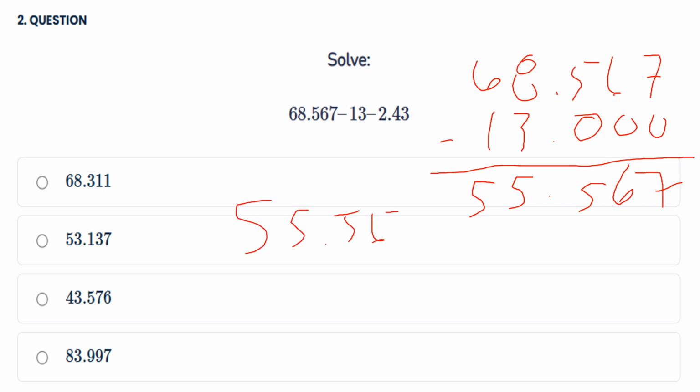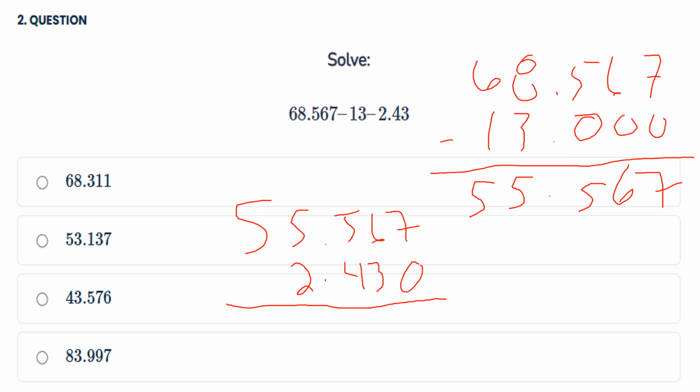2.43 from 55.567. Again, we need to line our decimal place up. So we have 2.43 and there's no number in the thousandths place. So we can add a 0 there just to have the same amount of numbers after the decimal, so it makes it much easier to subtract.